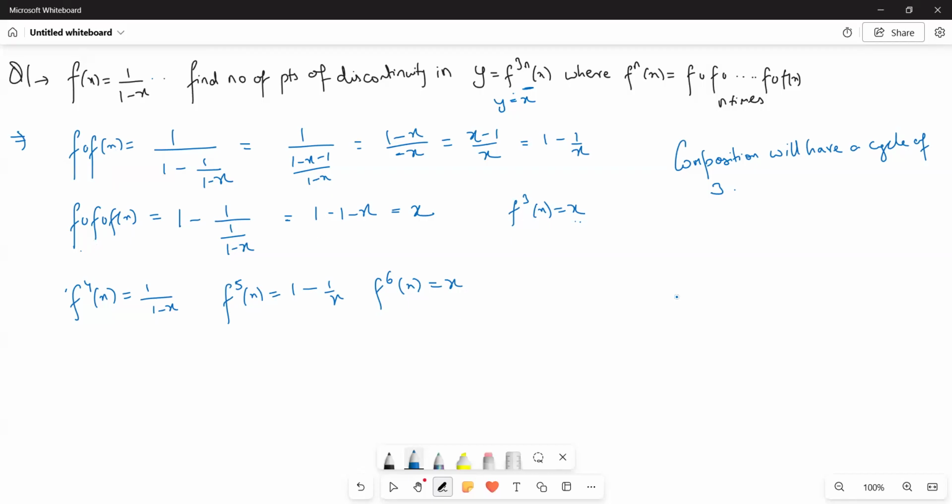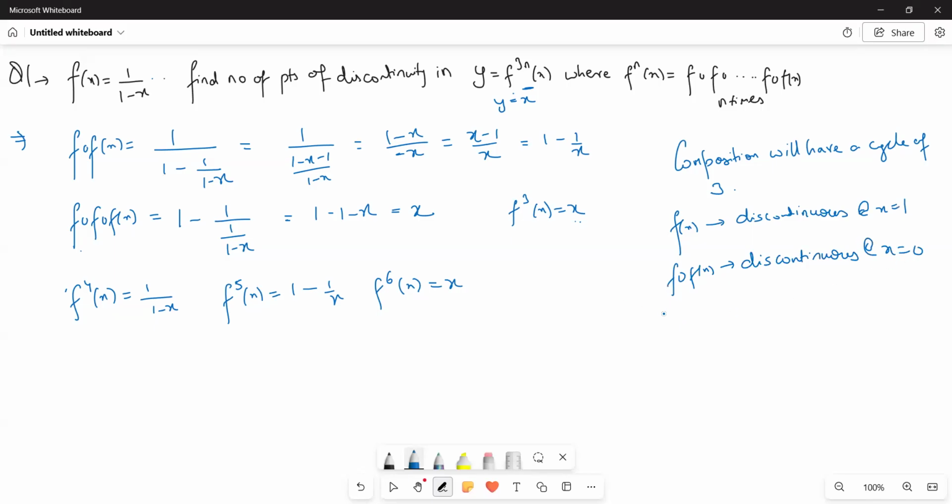So we look at this. If you look at f(x), when is f(x) discontinuous? f(x) is discontinuous at 1. And what about f of f(x)? f of f(x) would be discontinuous at x equal to 0.